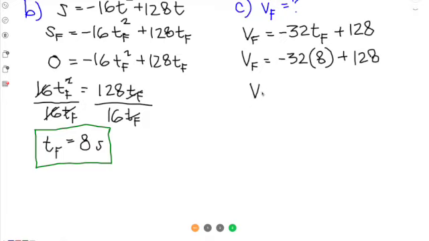So the final velocity is negative 128 feet per second. Oh, sorry. That's only feet per second, not per second squared.